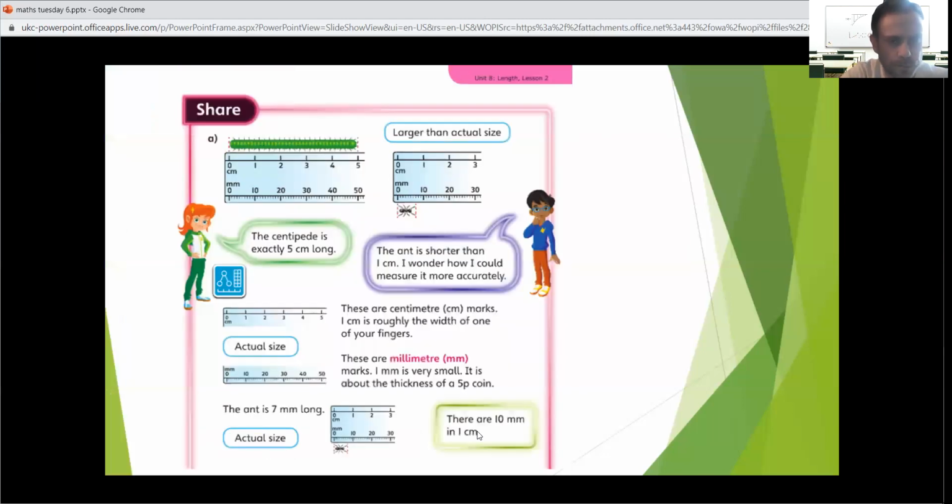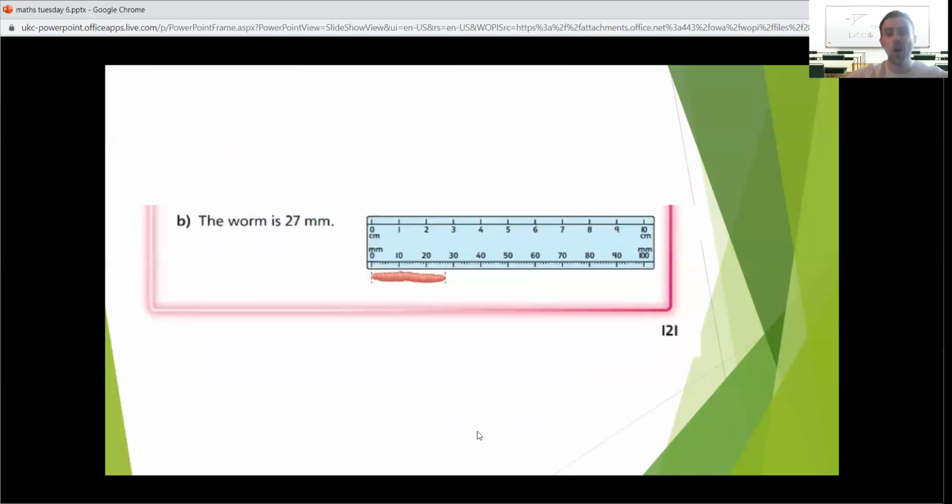Let's have a look. Okay, so what they've done is they've put it at the beginning. Before, the worm was over here somewhere. If you went out and got a worm and put it next to a ruler, that's fine. But what they've done is start the worm at 0 and shown that it goes to 27 millimeters, which is here.